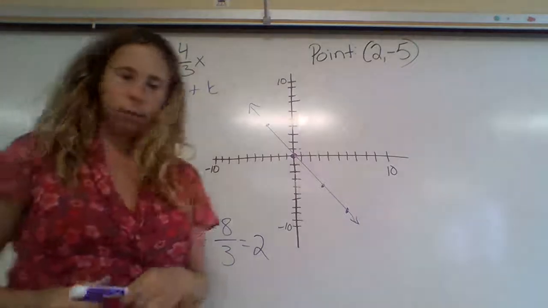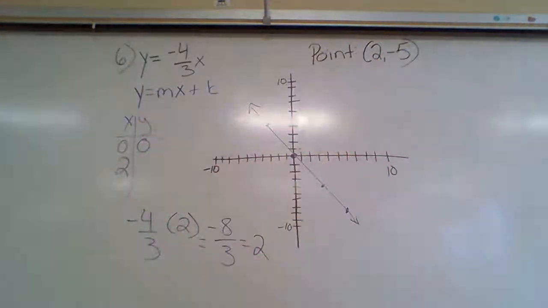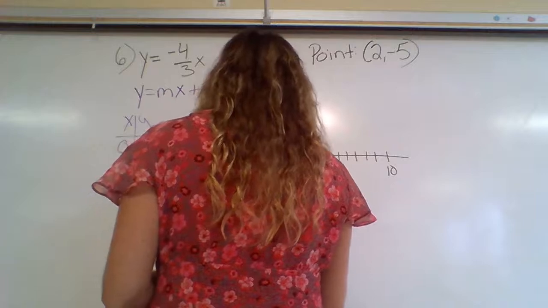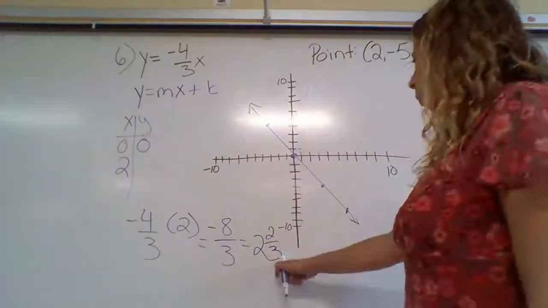2 something like that. Or you can leave it as -8 thirds. Yes, it would be -2 and 2/3. So is that a point?